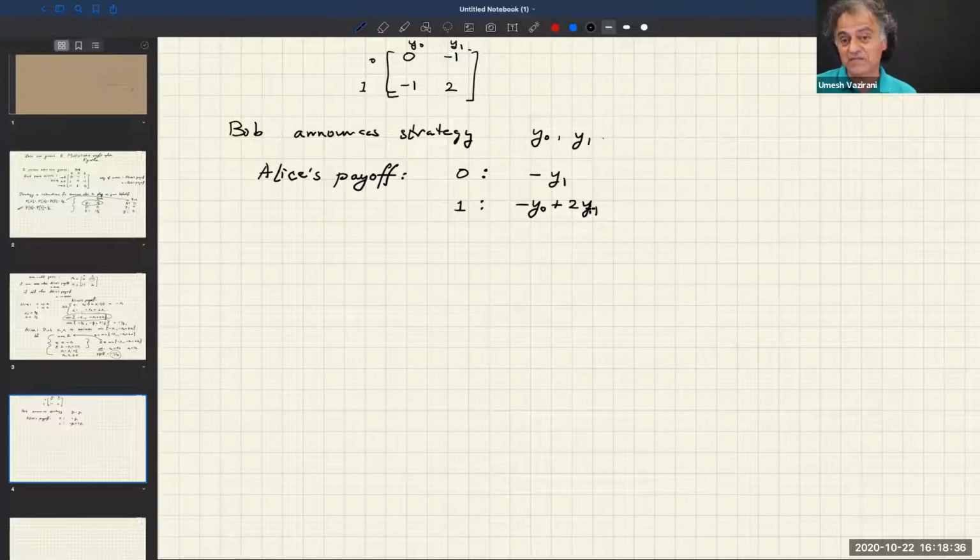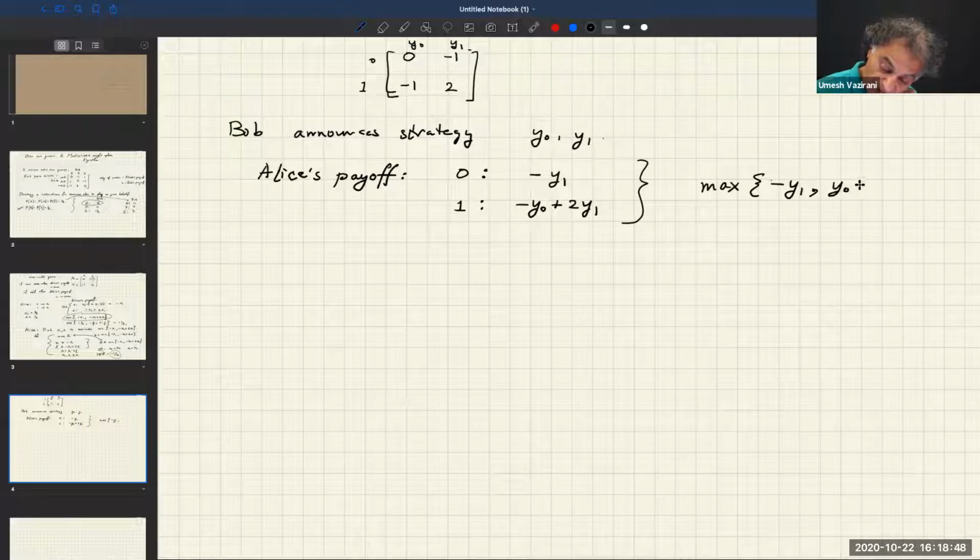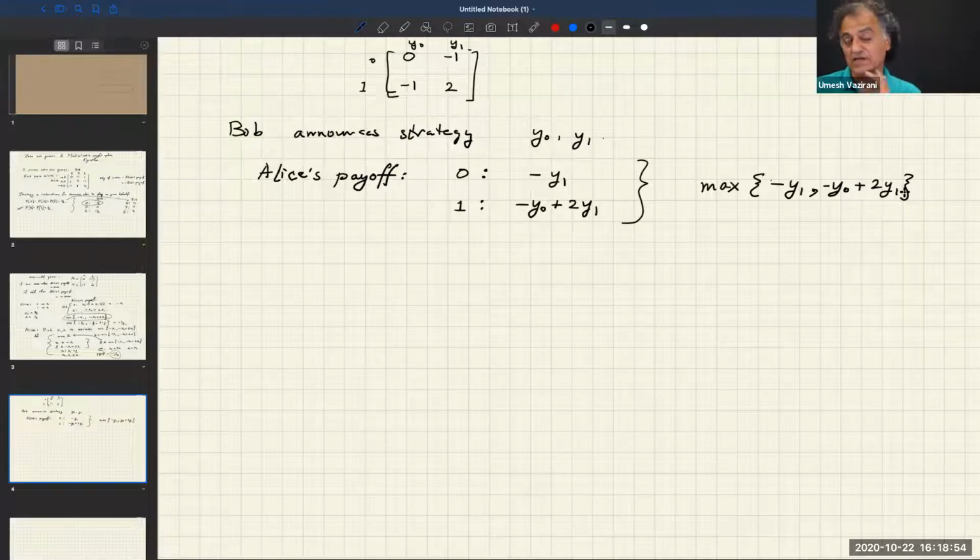She's trying to maximize her payoff. So she should pick the maximum of minus y1 and minus y0 plus 2y1.